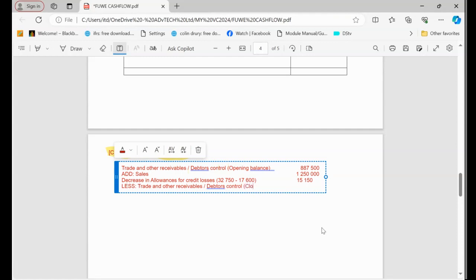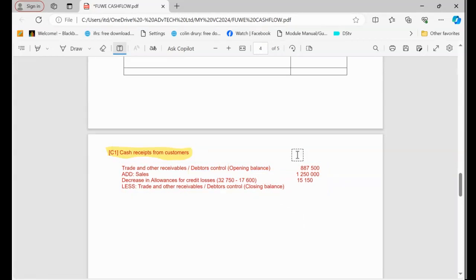I'm going to call it closing balance. It's just the opposite of what we have. This one was on top here; that was the opening. So where we found opening, let's go and check the closing.